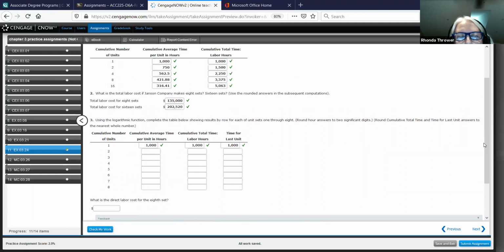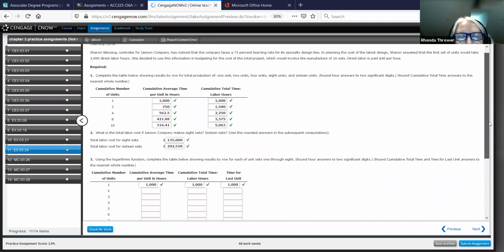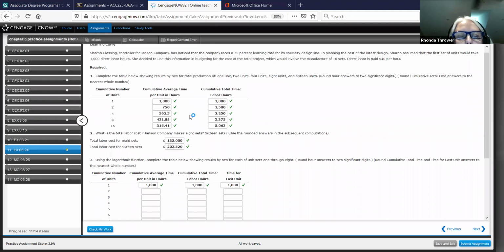And on the second part of this, because we've got part of it finished here, it's going to be the same since it's 2 sets, is 750. Remember, we got that 750 hours by multiplying the 1,000 times 75%.